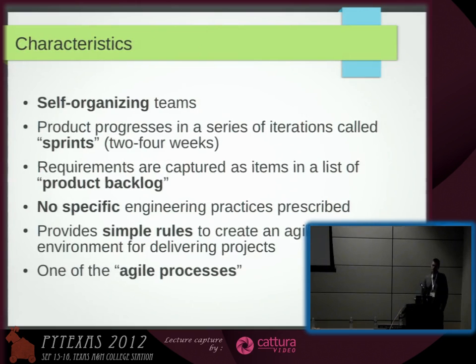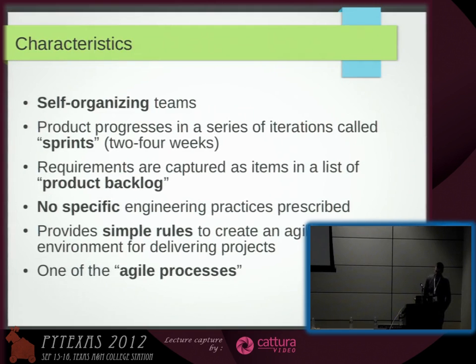Main characteristics, and there's some repetition because I want you to remember these most important things: the team is a self-organizing team. The product or software is being advanced in fixed time slots that are called sprints or iterations.